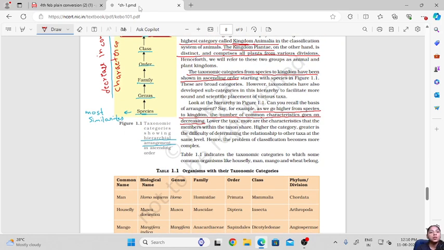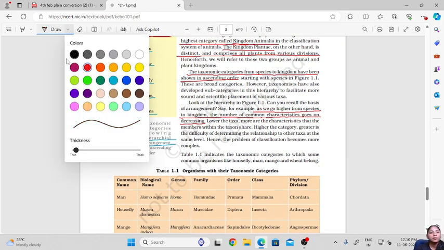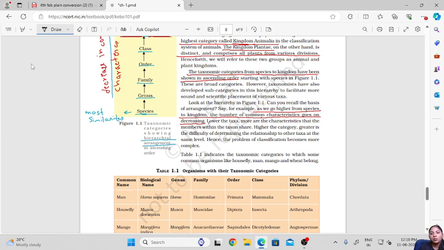So the lower the taxa, the more are the characteristics that the members within the taxon share. Okay, so the lower the taxa, there will be more similarities shared by the organisms present in that taxa. So the higher the category, the greater is the difficulty of determining the relationship with other taxa.